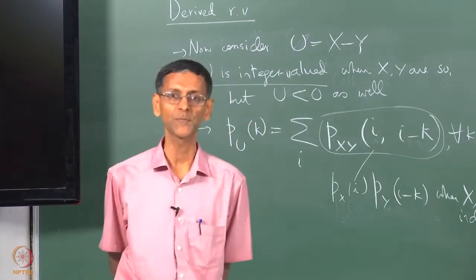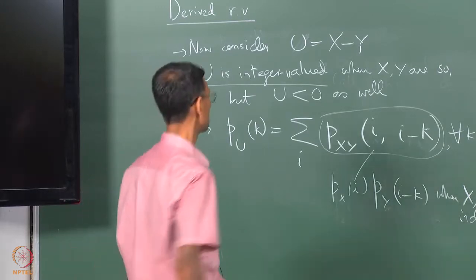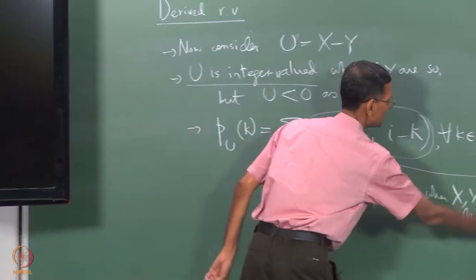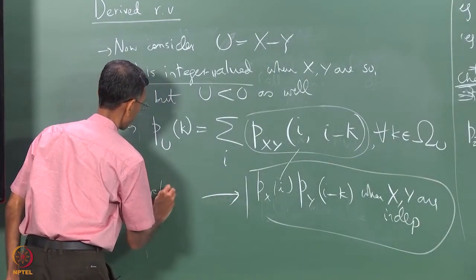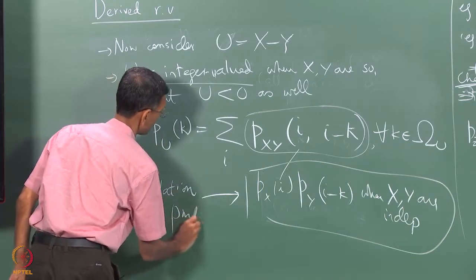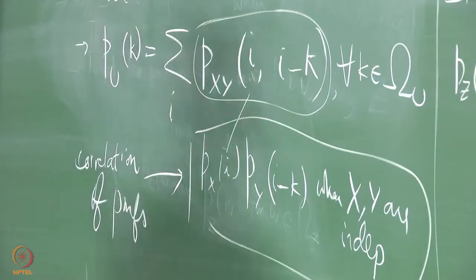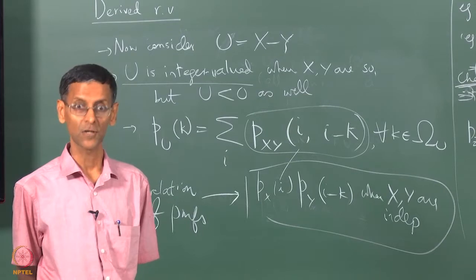Have you seen this in your DSP class? It is correlation. So for an integer valued independent sum, you get convolution. For an integer valued difference, you get correlation.